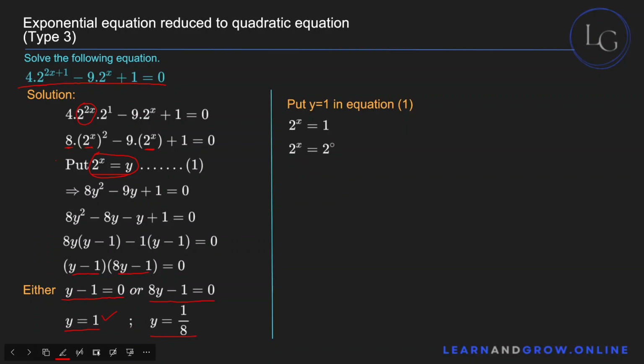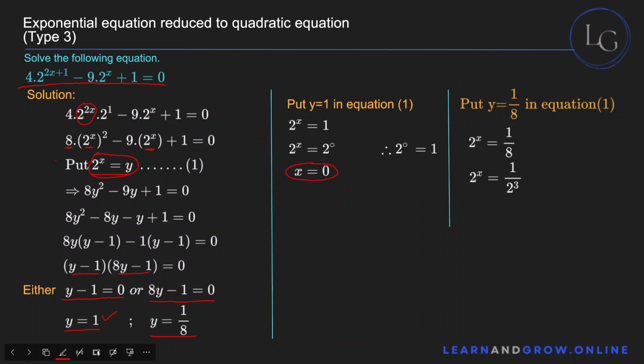And now this becomes 2 raised to the power x is equal to 2 raised to the power 0. So x is equal to 0. Similarly, when you put y is equal to 1 by 8 in the same equation, you get 2 raised to the power x is equal to 1 by 8.